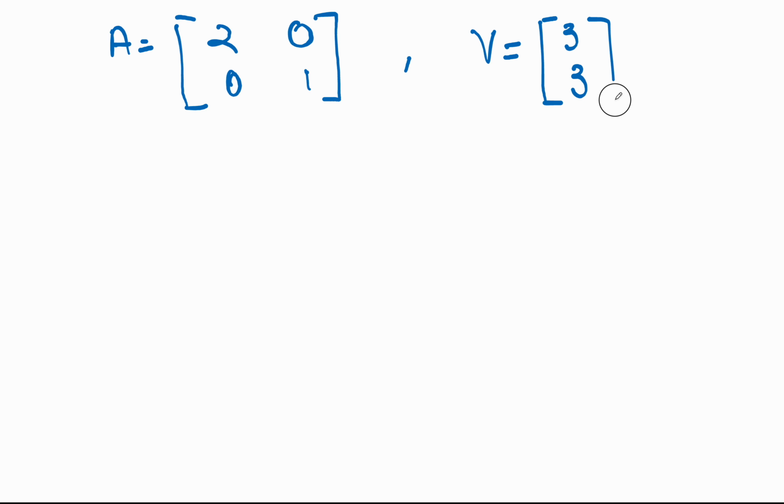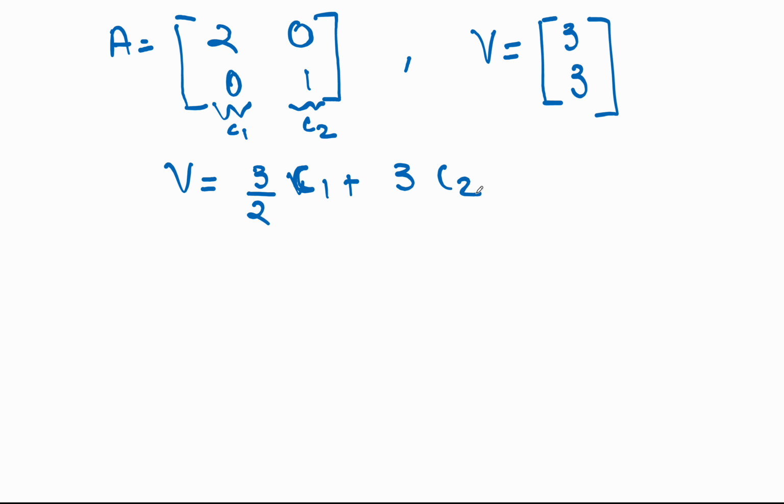So A matrix is 2 0 0 1, and we have the vector 3 comma 3, and what we saw is that this vector v can be written as, if this is column 1 and this is column 2, vector v equals 3 by 2 c1 plus 3 times c2.